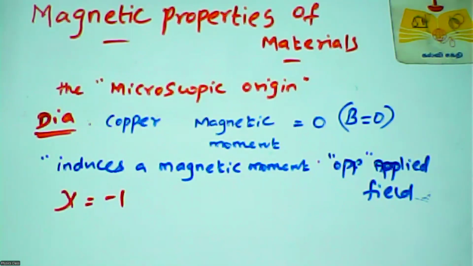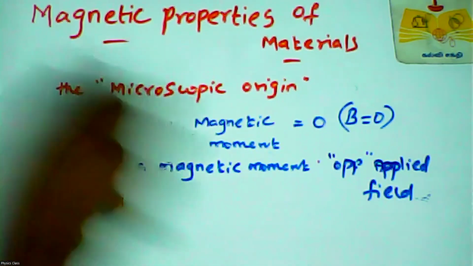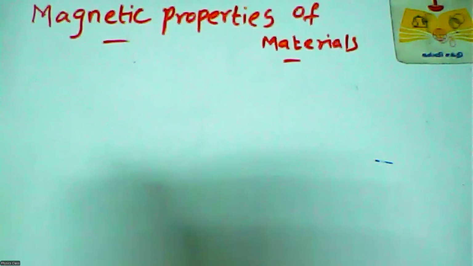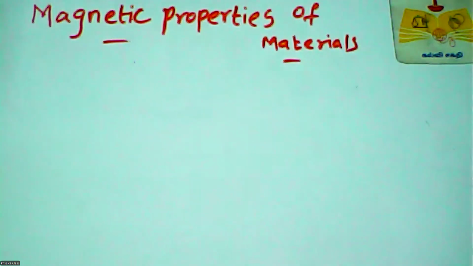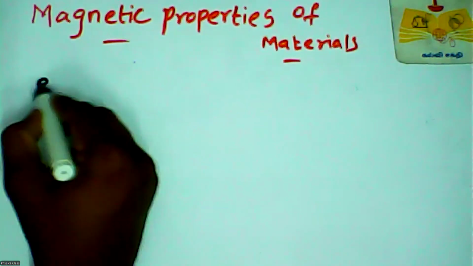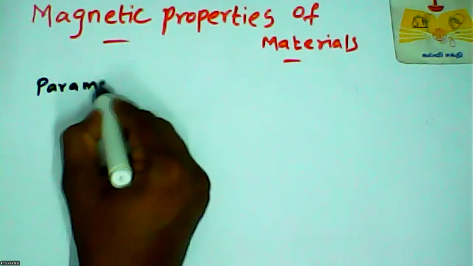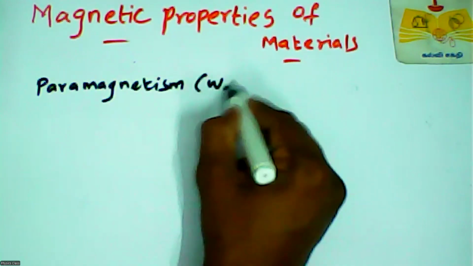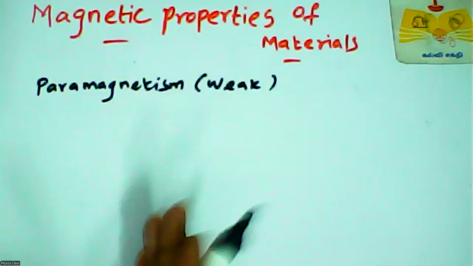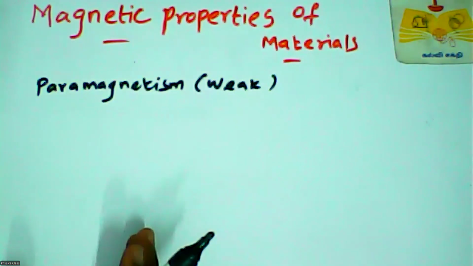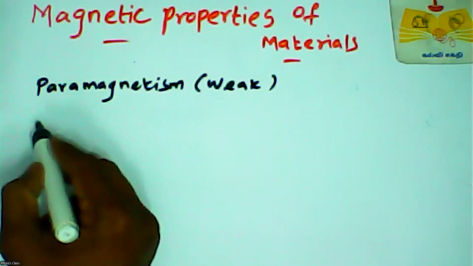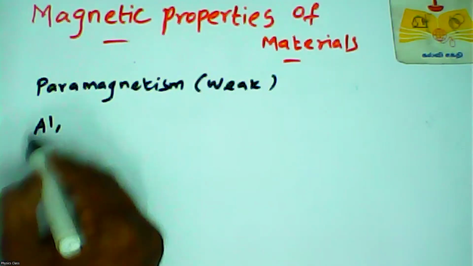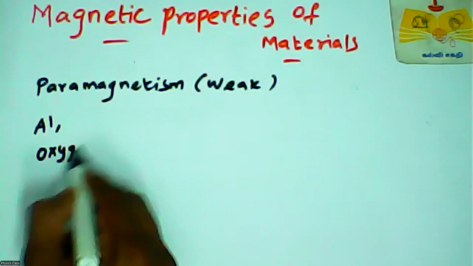Then next one, paramagnetism. Paramagnetism means weak attraction. Dia means repulsion, para means weak attraction. In paramagnetic materials, aluminum and oxygen are some of the examples.